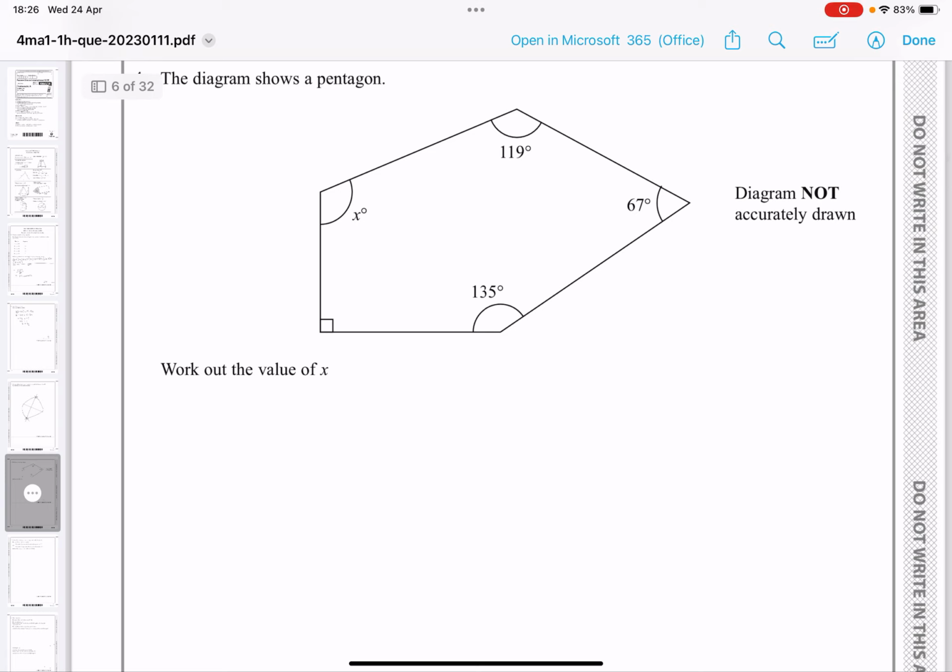The diagram shows a pentagon. Work out the value of x. Okay, so we need to work out the value of x, but first what we need to do is work out the sum of all the interior angles in a pentagon.